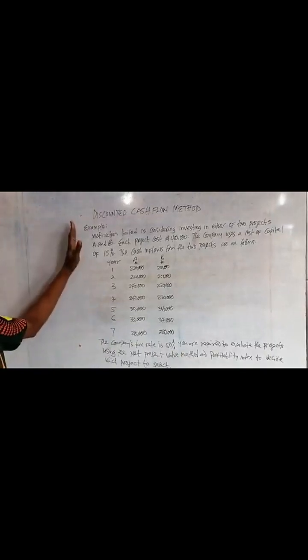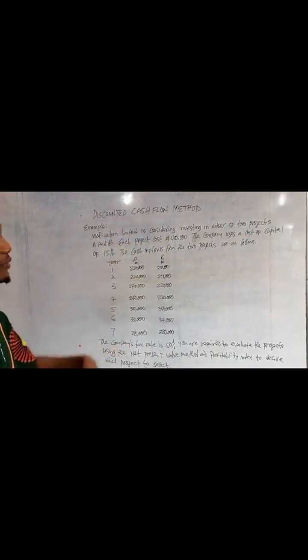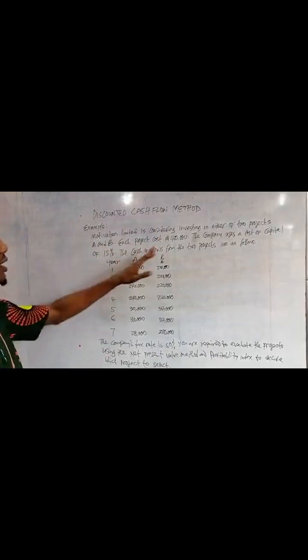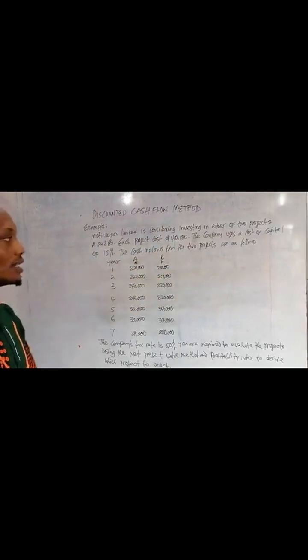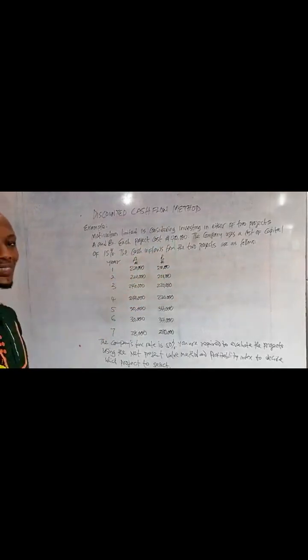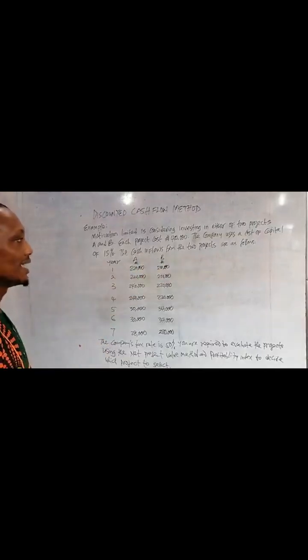Okay, so the question goes thus. Motivation Limited is considering investing in either of two projects, A and B. Each project costs 400,000 naira. The company uses a cost of capital of 15%. The cash inflows from the two projects are as follows.